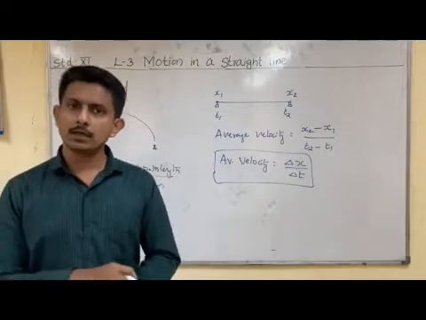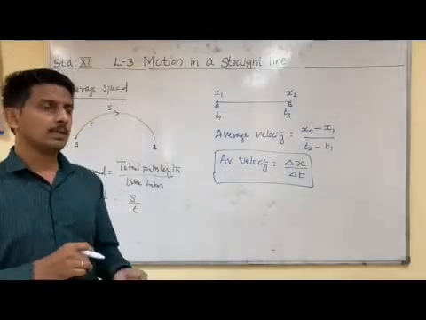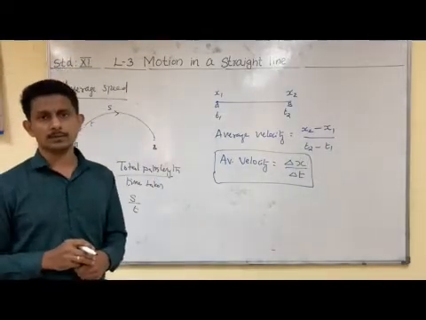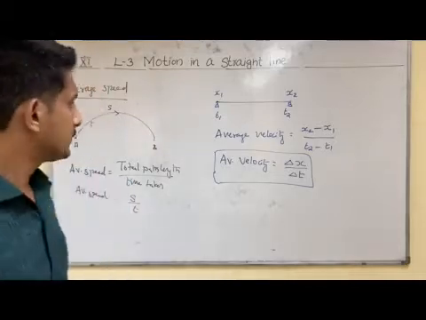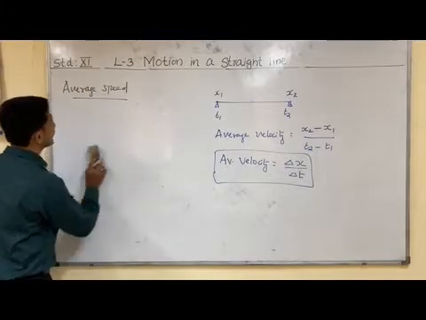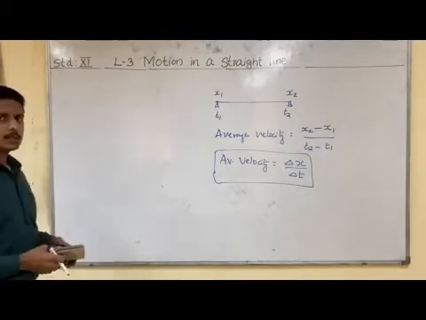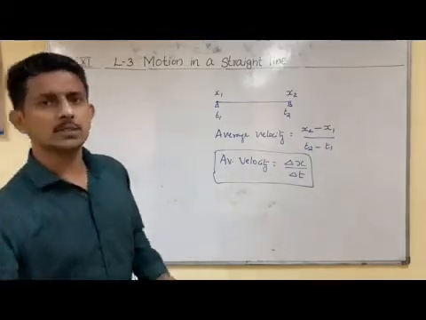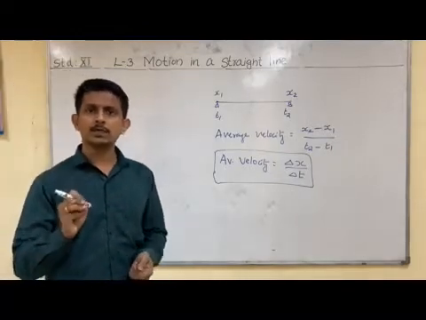Along with this, we can calculate one more important term, known as instantaneous velocity. Let us see what is the meaning of instantaneous velocity. Instantaneous velocity means the velocity of an object at a particular instant of time.